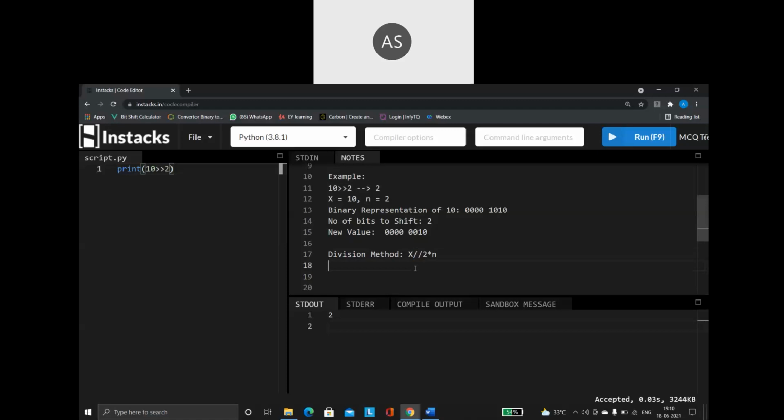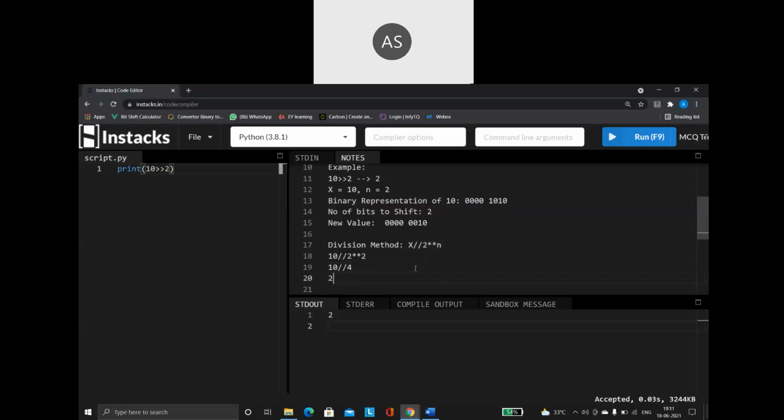What is the x value? The x value is 10. So 10 divided by 2 to the power n. That is the exponent operator. 2 is the base because it's binary. So 2 to the power n means 2 into 2, which is 4. 10 divided by 4: how many times will it go? 2 times, because it is a floor division.